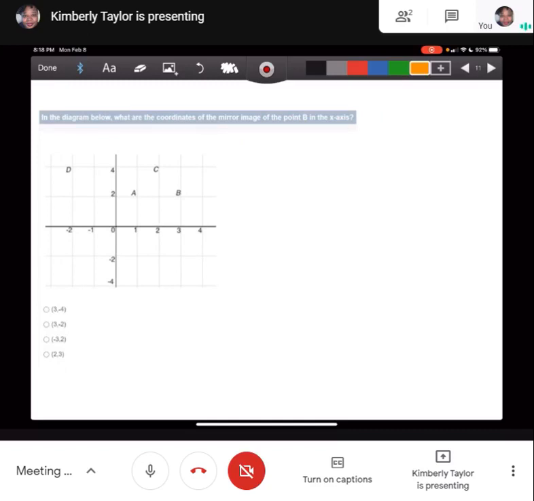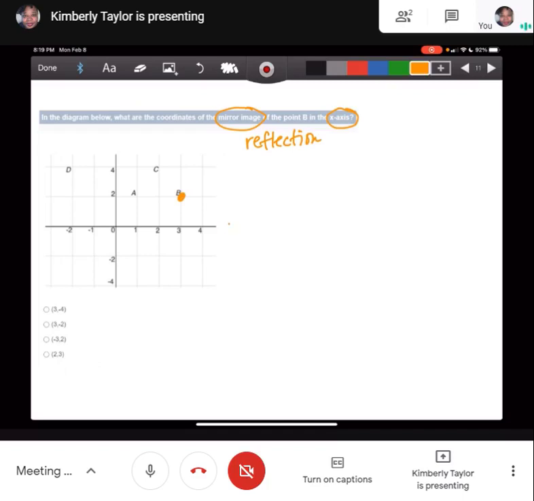In the diagram below, what are the coordinates of the mirror image of the point B in the x-axis? So mirror image means that you are making a reflection. So let's look at point B. Point B is here, and you want to reflect over the x-axis.